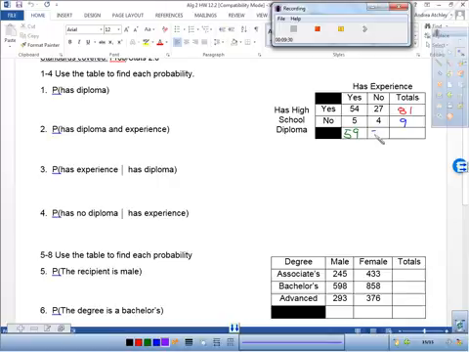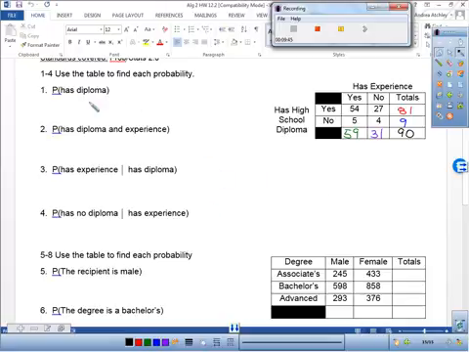This is 31. And this is 90. Any questions over that? Again, we're just adding up, down, and across.